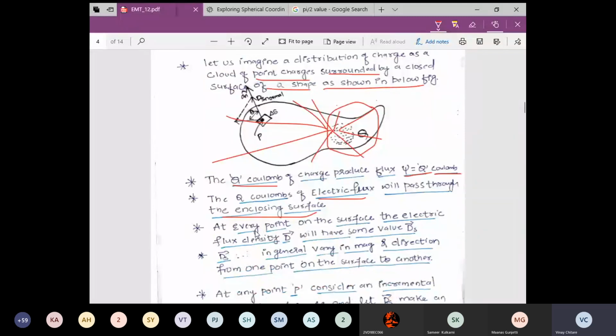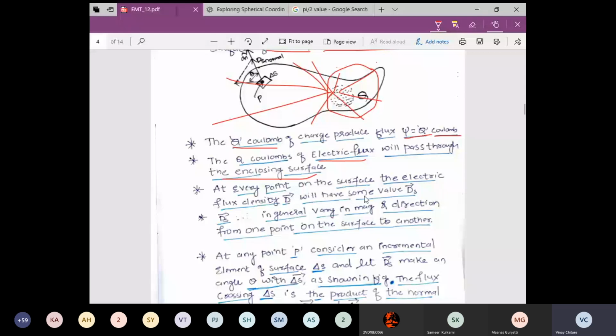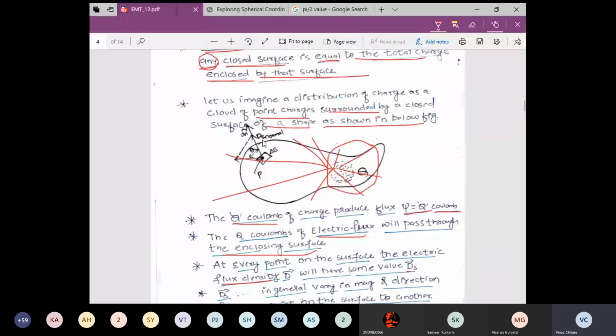At every point on the surface, the electric flux density will have some value D_s, that is the flux density evaluated at the surface. This subscript s indicates the flux density is evaluated at the surface.